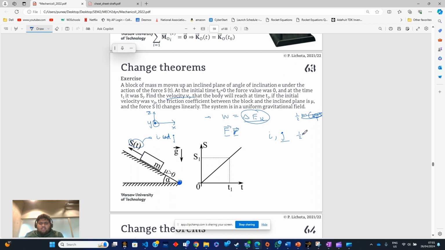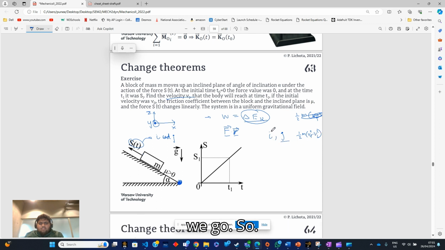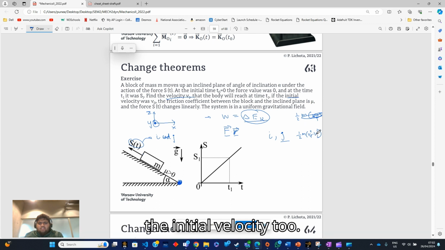And your velocity v1 will be contained in this equation right here: one half m times vf squared minus v initial squared. There we go. So that's pretty much it. And you're already given the initial velocity too.